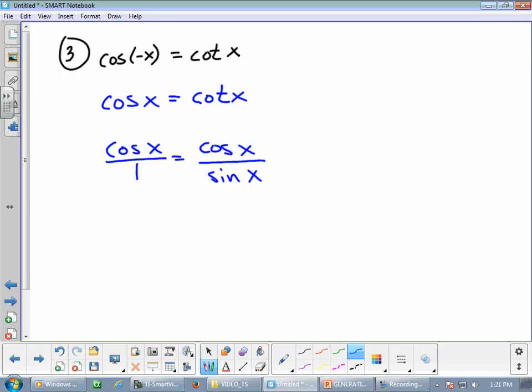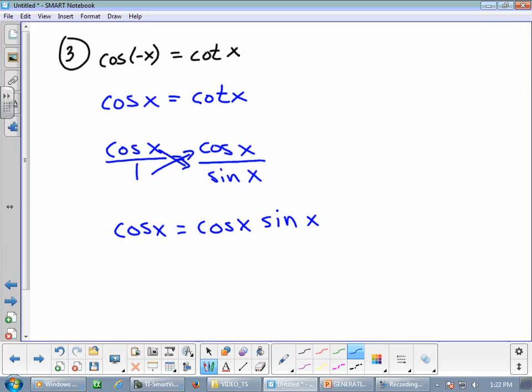Oh, you're going to multiply by the reciprocal. Okay, that would also work. So if we cross multiply, we get cosine of x is equal to cosine of x times the sine of x. Helpful. Remember, we're trying to get a number on one side here.